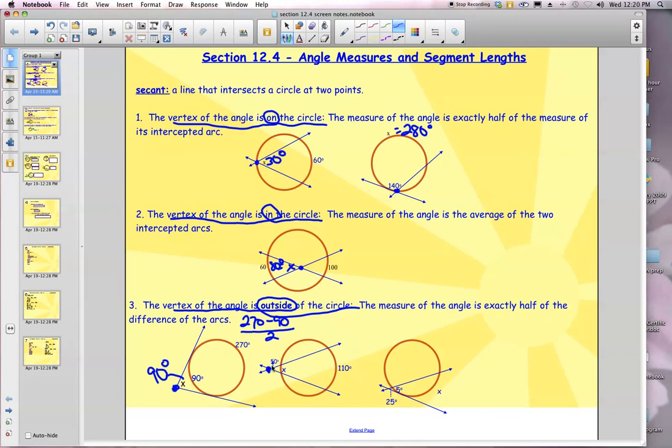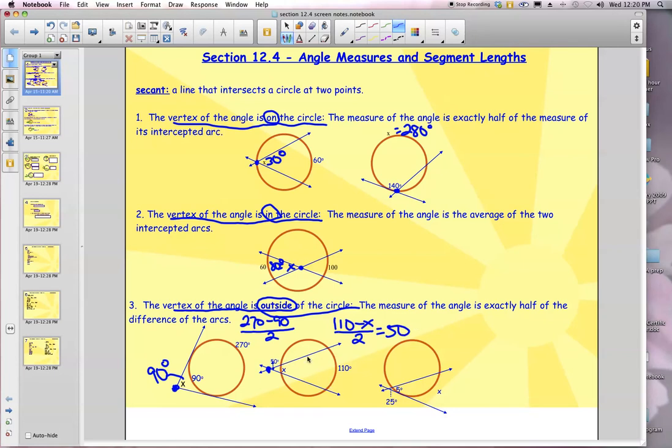Sometimes you'll get the angle measure but not the arcs, and you're still going to use the same formula, but you're going to have to use it backwards a little bit. In this one, the angle is 50, and the bigger arc is 110, but we don't know what the smaller arc is. But if I take 110 minus X and then divide that by 2, I have to get my angle measure, which is 50.